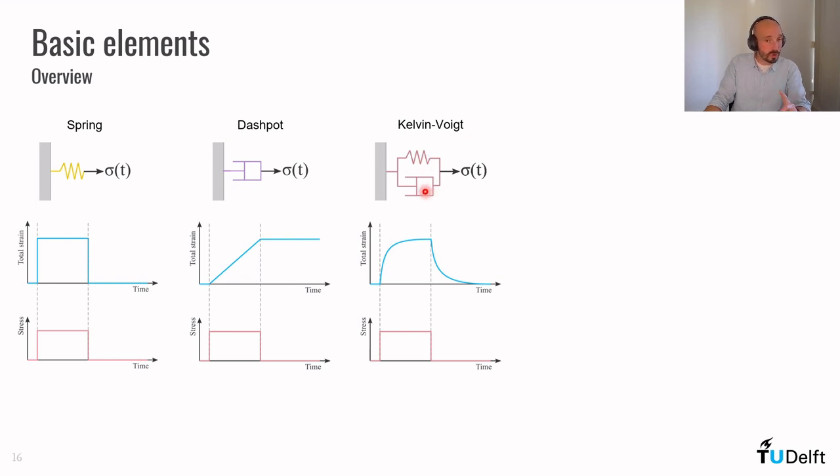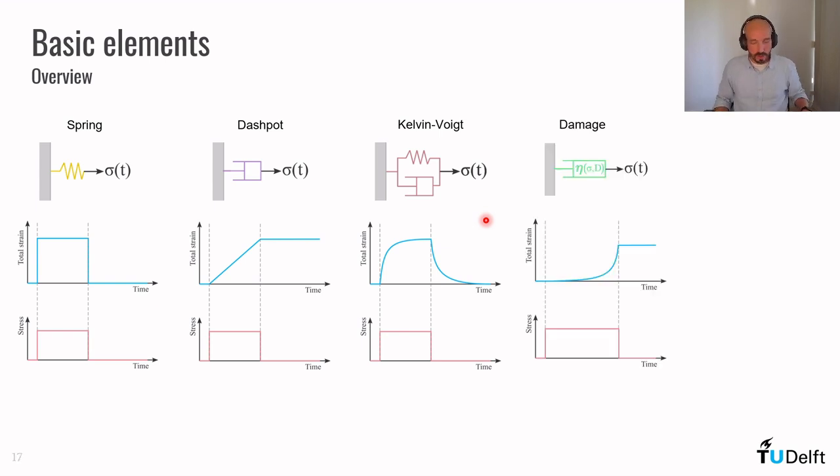Unless the viscosity of the fluid inside the dashpot is zero. So the fluid has no viscosity. In that case, the dashpot can move without any resistance. So it would be equivalent to not having a dashpot at all. Okay, but that's not the case. We have viscosity here. So when this spring tries to come back to its initial configuration, it takes time because of this dashpot.